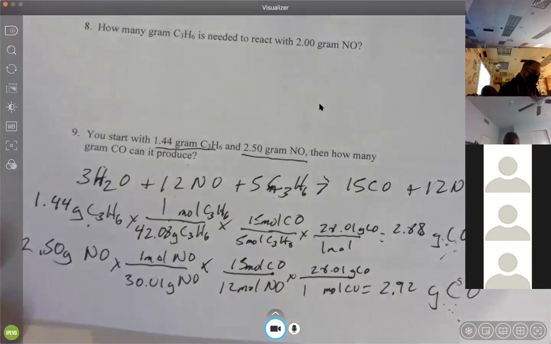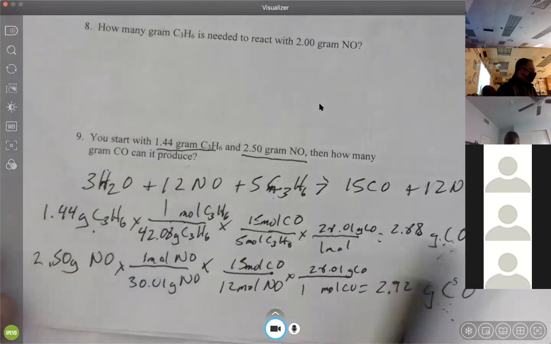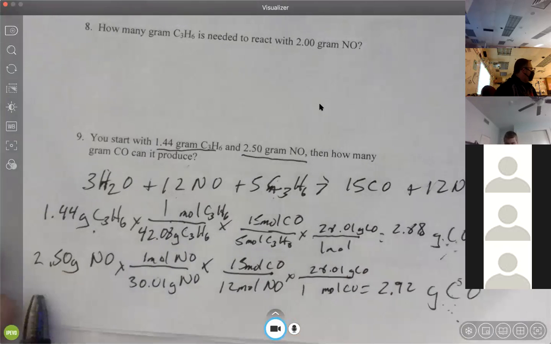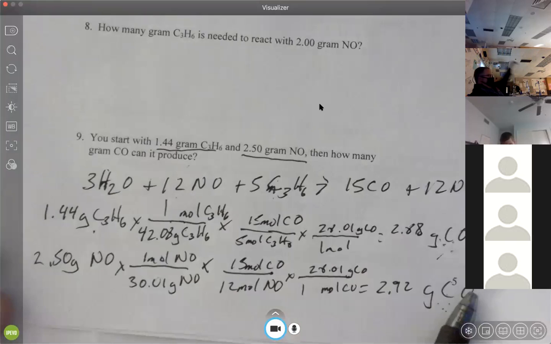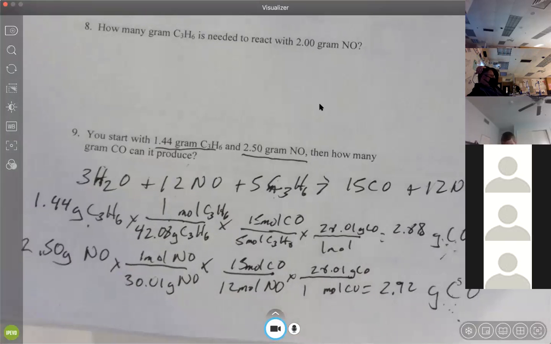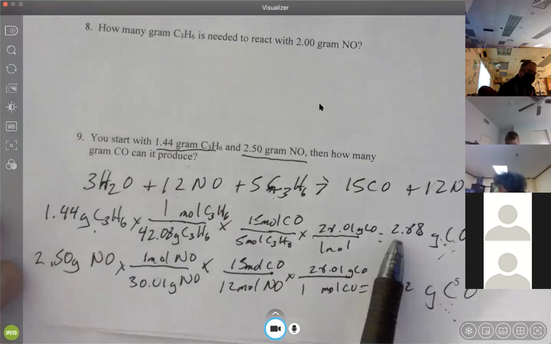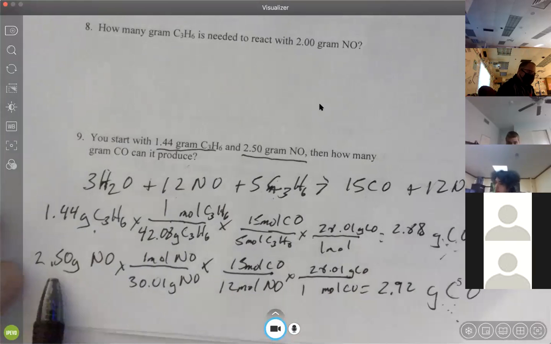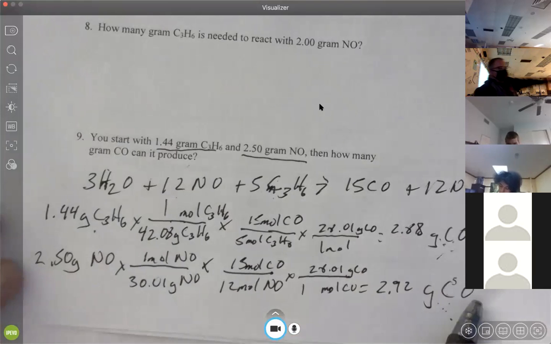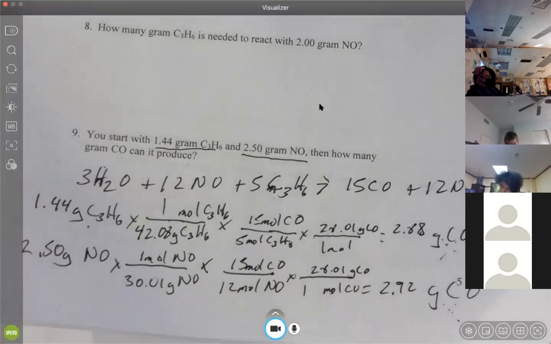If we have enough sugar to make 3 pitchers of Kool-Aid, and we have enough Kool-Aid packets to make 10 pitchers of Kool-Aid, how much can we really make? Three, right? We only have enough sugar to make 3. So again, if we have enough propane to make 2.88 grams of carbon monoxide, but we have enough nitrogen monoxide to make 2.92 grams of carbon monoxide, how much carbon monoxide can we truly make?